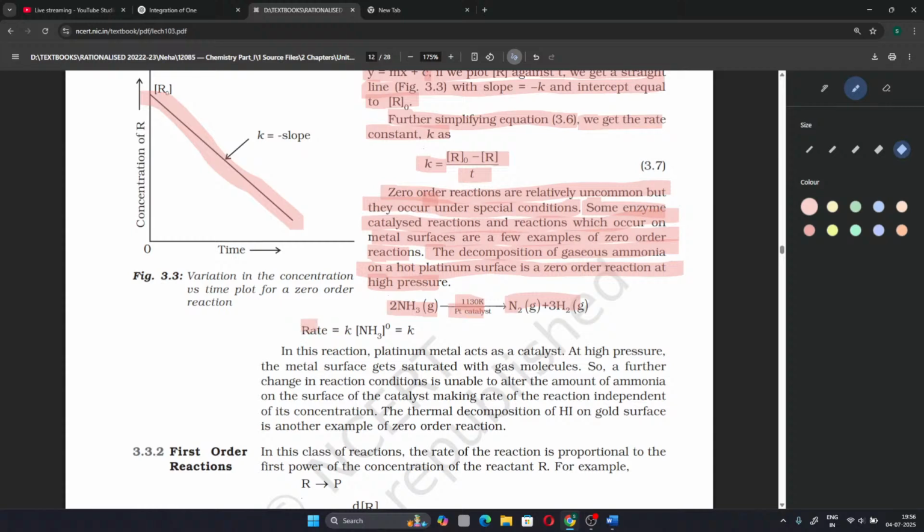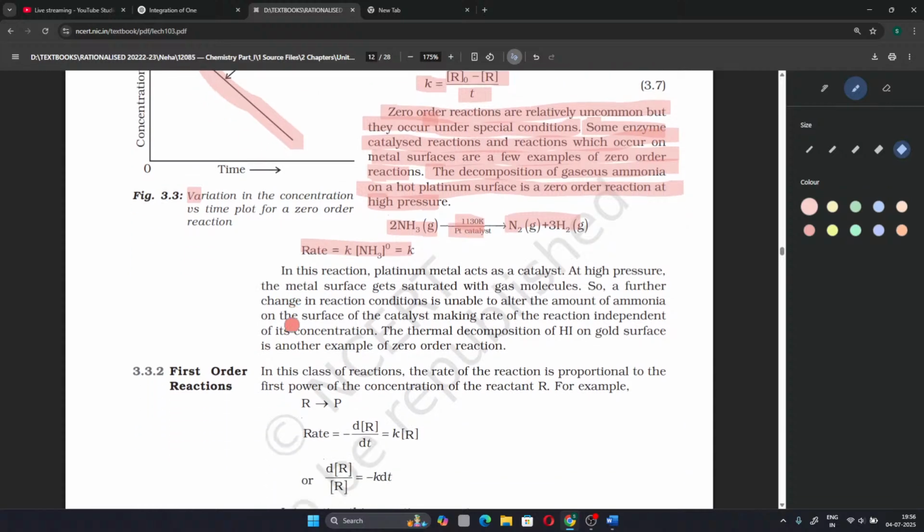The rate of this reaction is [NH3] to the power of 0 equals k. The rate equals the rate constant, meaning the rate remains constant under the same pressure and temperature. This is the graph of concentration versus time for a zero order reaction.